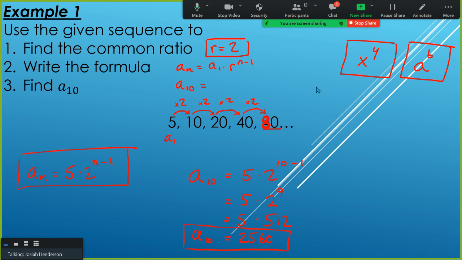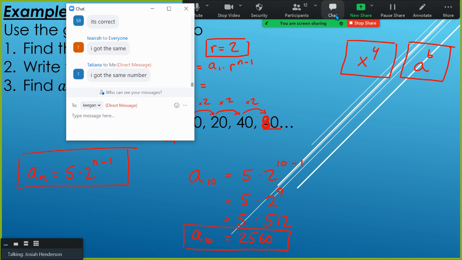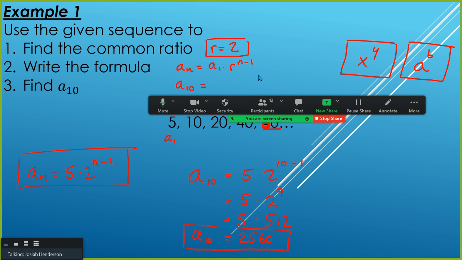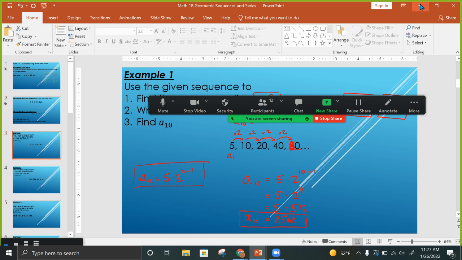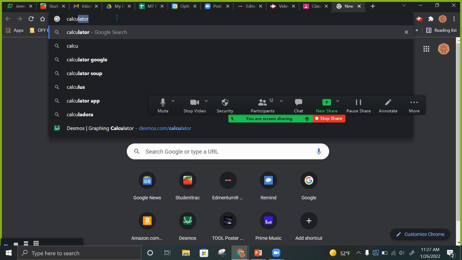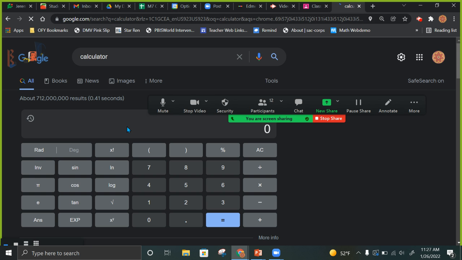You know what, guys? Another option, if you're on a computer for this call, Tatiana, thank you, and Tira. If you're on the computer, you can use the Google calculator pretty easily. Let me just show you that real quick. So in Google, just type in calculator. And boom, you get this. On here, what's our exponent button?